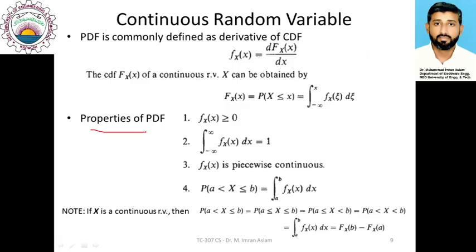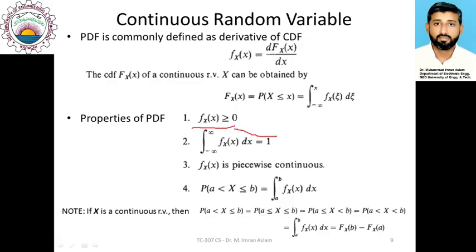So let me quickly summarize the properties of PDF here. The first property is that PDF should be a non-negative function, as I previously mentioned, since the PDF is directly related to the probability, which cannot be negative. Therefore, the PDF should also be greater than or equal to 0.